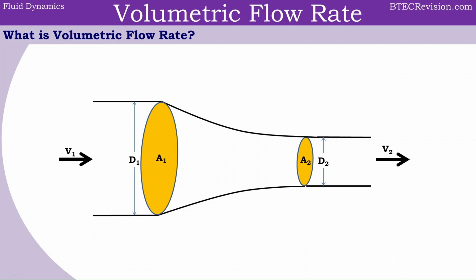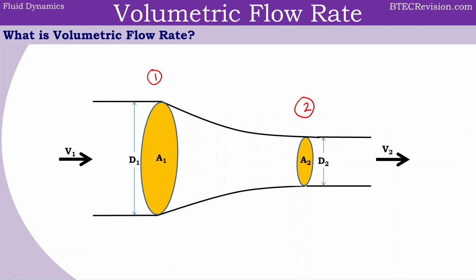Here we have a tapering pipe, which is a pipe where the gap changes in diameter. And we'll label the left side over here as 1 and the right as 2. If you look at position 1 here, we see we have a diameter which looks larger than the right side, position 2, and same thing with the area as well. So area 1 is larger than area 2.